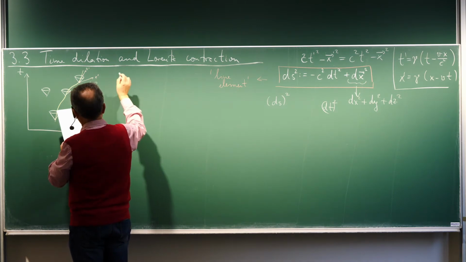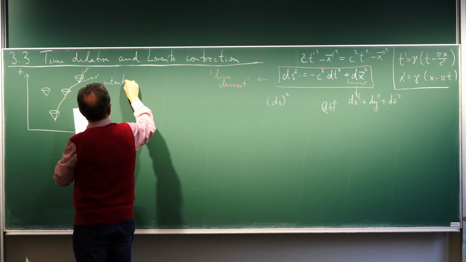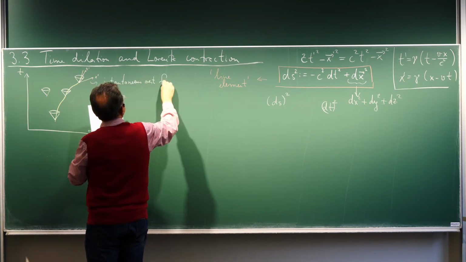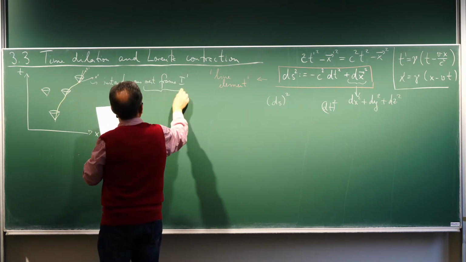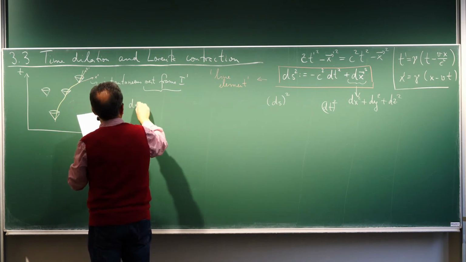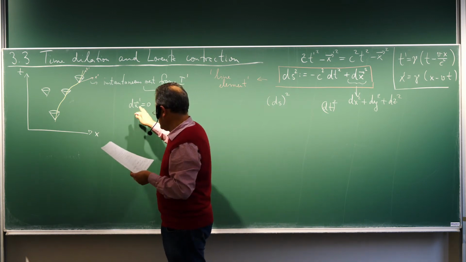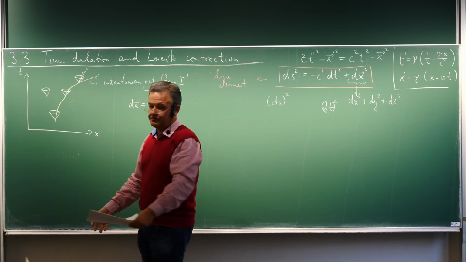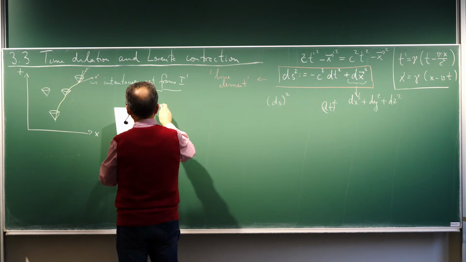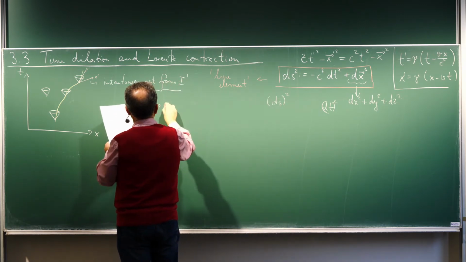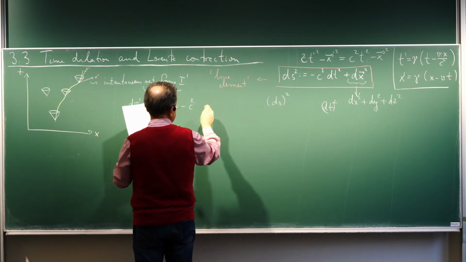So this is the instantaneous rest frame I prime, and the rest frame is here characterized by dx prime is equal to 0. So you carry these coordinates with you, and only time elapses for you because you stay at the same values of your coordinate system. And so from this here you have then that ds squared, the invariant is minus c squared dt squared.